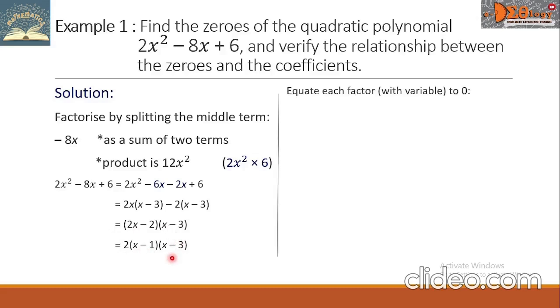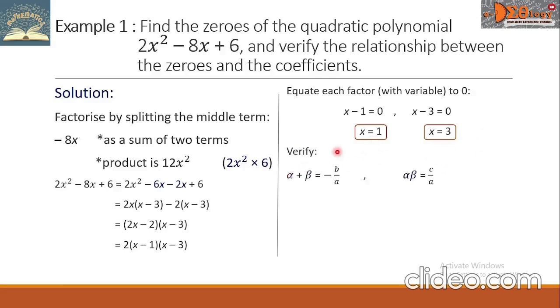Let us equate each factor with variable to 0. So we have x minus 1 equals 0, x minus 3 equals 0. When we solve for x, in the first equation, x is equal to 1. In the second equation, x equals 3. These are the zeros of our polynomial, or we say these are alpha and beta respectively.